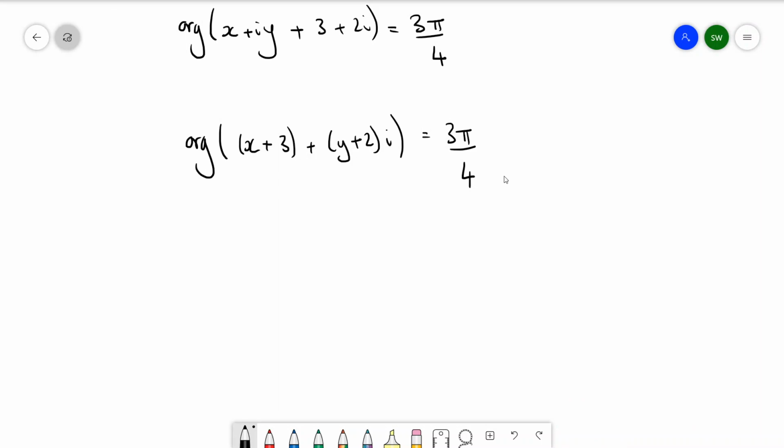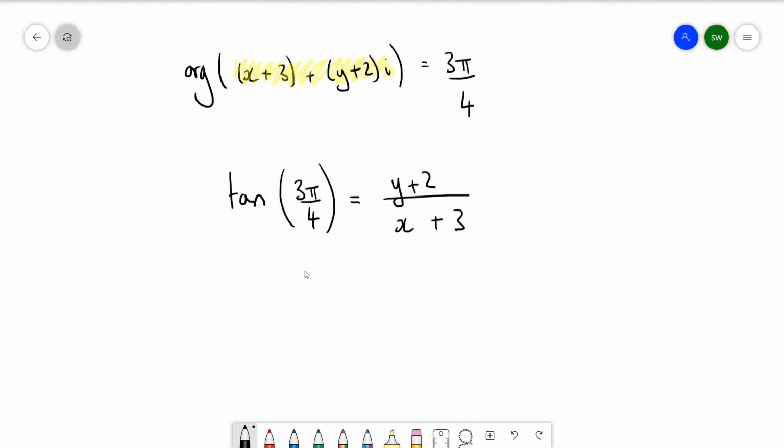We've got this complex number inside the bracket in yellow, and we know that the argument of this complex number is 3 pi over 4. Well, we're going to use the fact that tan of a complex number's argument, so tan of 3 pi over 4, is always equal to the imaginary part of the complex number divided by the real part. The imaginary part of this complex number is y plus 2, divided by the real part, which is x plus 3.